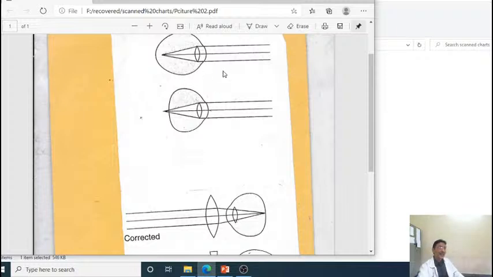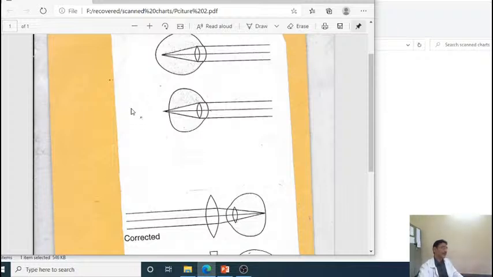The third is a change in the curvature of the cornea or the lens, which can result in the image being formed, instead of on the retina, in front of the retina or behind the retina.